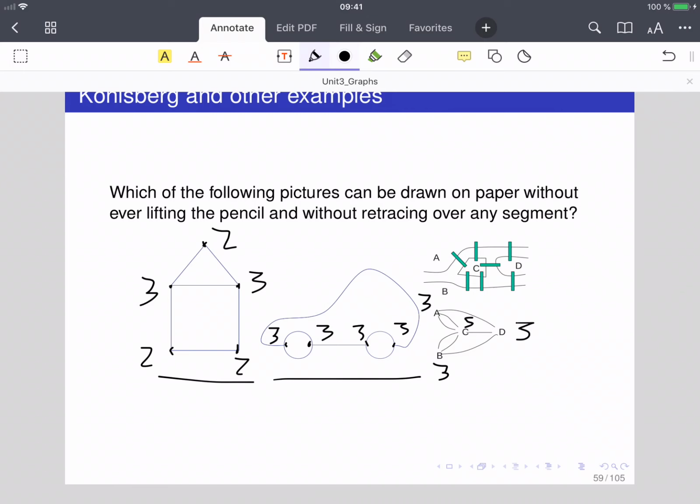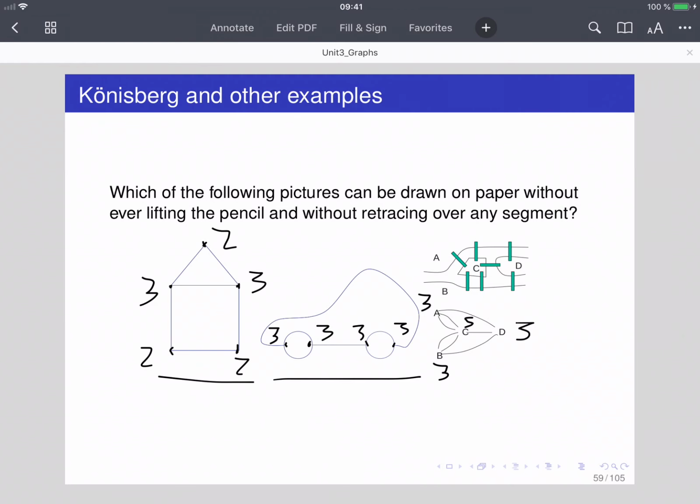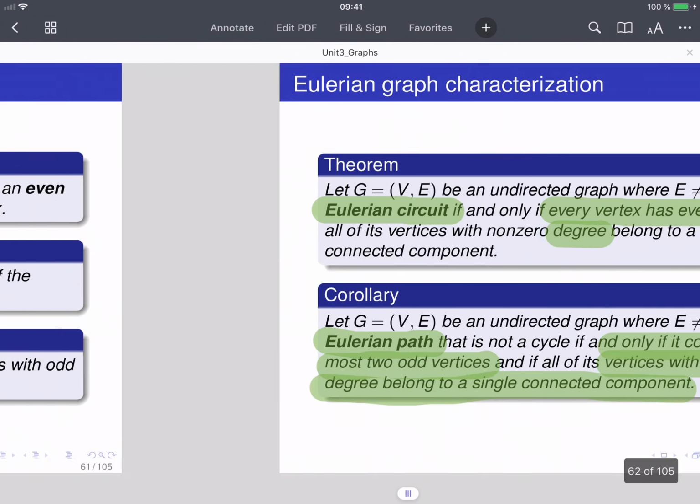If you have the adjacency matrix of the graph, remember that from that you can get the degrees of all the vertices in the graph just by summing up all the ones in the columns or in the rows. So you can answer this problem very easily. Okay, so let's go back to the theorem and see why this works.